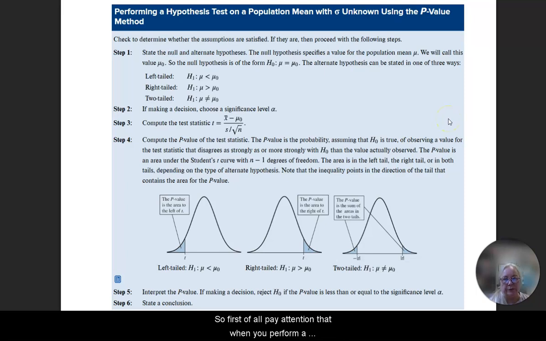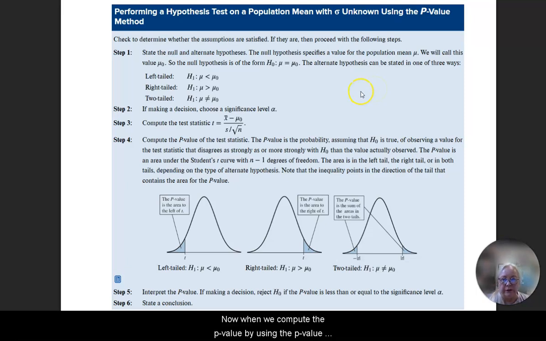So first of all, pay attention that when you perform a hypothesis test, you have to set the H naught and H1 hypotheses correctly. Otherwise, your test will not be correct.